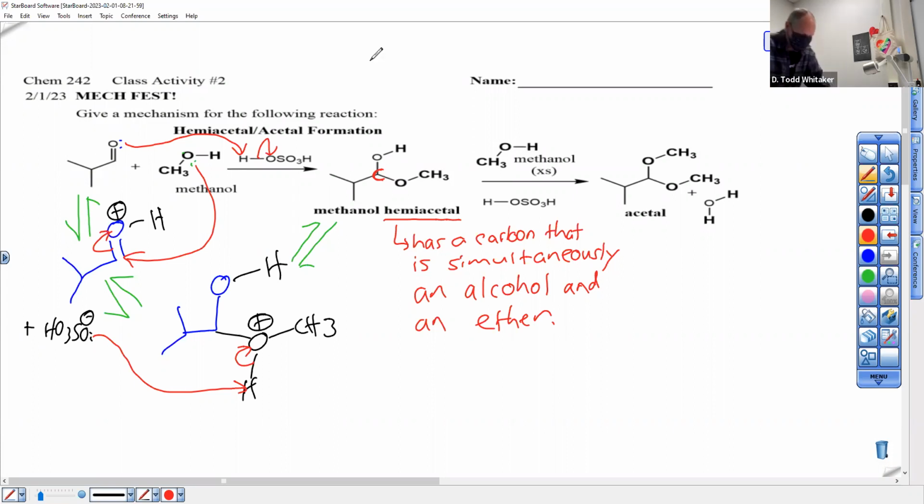What's got to leave from here? Okay, the OH, I agree. But take a look at the products at the end and tell me how the alcohol leaves, because that's a hint what you need to do. It's got to leave, but it has to leave with two H's on it, and currently it does not have two H's. Tell me what you think the first step is.